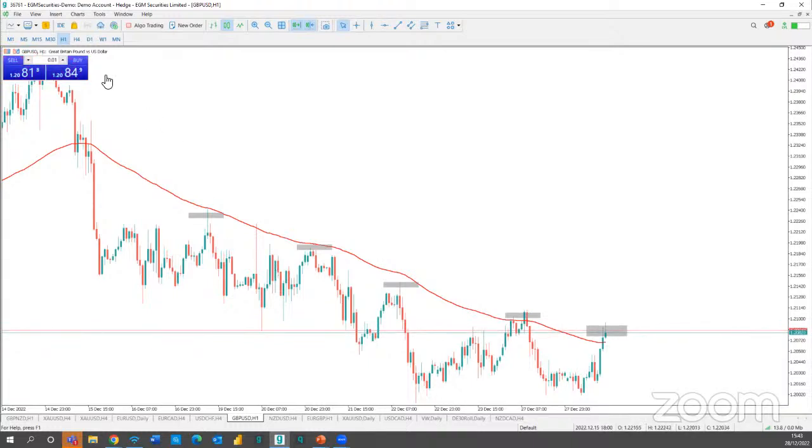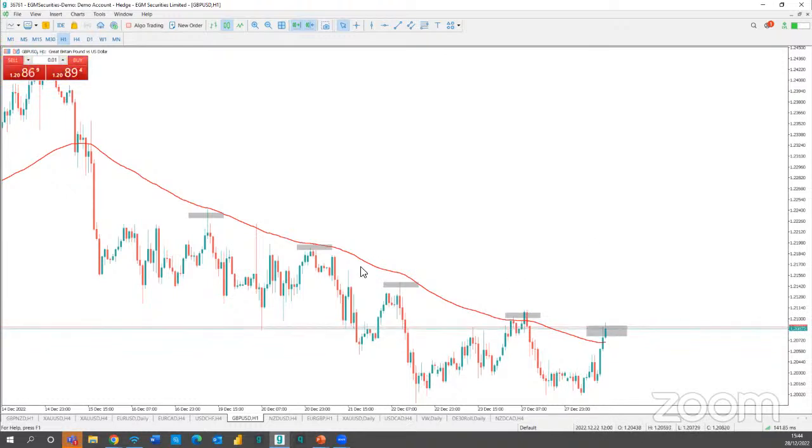I would recommend maybe 1 hour going all the way to 4 hours and daily. That would work better. But it can work even on lower time frames, because if you go to 15 minutes or even 5 minutes, you can find a trend. But it might be short-lived, or just give you a very small movement once you enter.